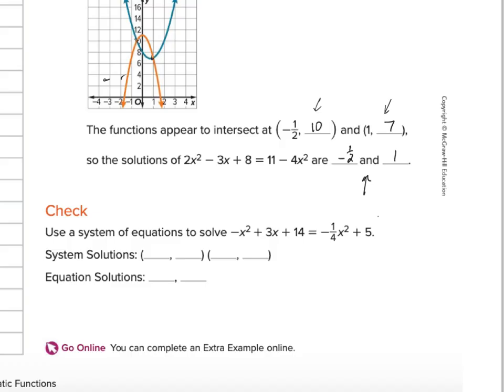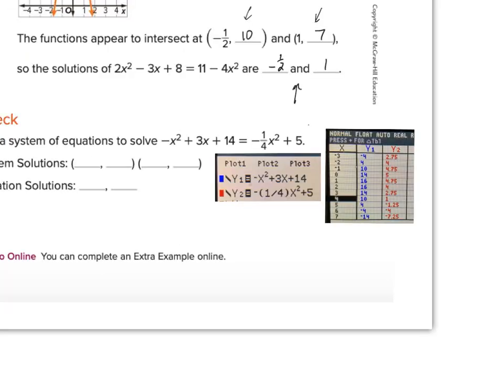Doing the same thing here with this equation, I'm going to use the calculator again, separating it into my two equations, to find the solution points and then the ultimate solutions. When I put them into the graphing calculator, one equation is negative x squared plus 3x plus 14. The other one is negative 1/4 x squared plus 5.